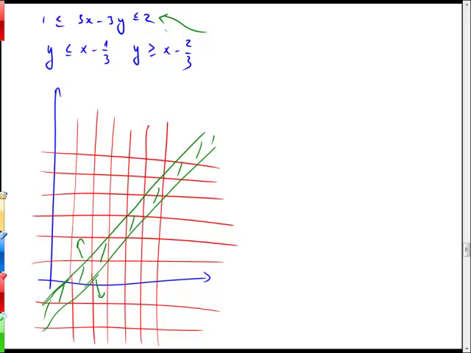Well, 3x minus 3y is always a multiple of 3, but 1 and 2 are no multiples of 3, and between them there is also none. Exactly. To see it better, we just divide by 3, and it says 1/3 is less or equal x minus y is less or equal to 2/3. That means the difference between the two is a fraction, and it cannot be if they are integers. So there is definitely no integer solution.